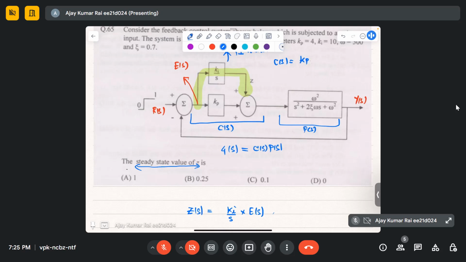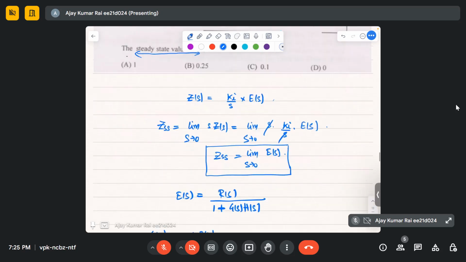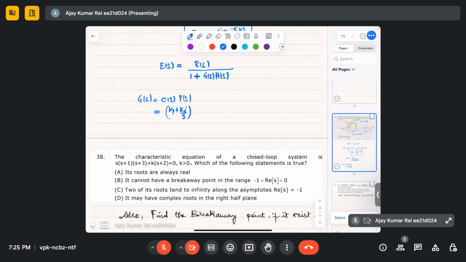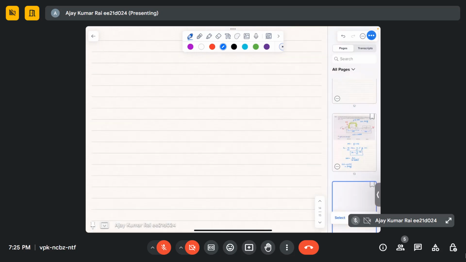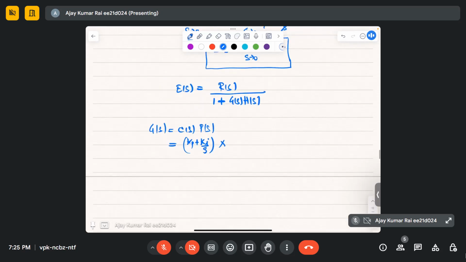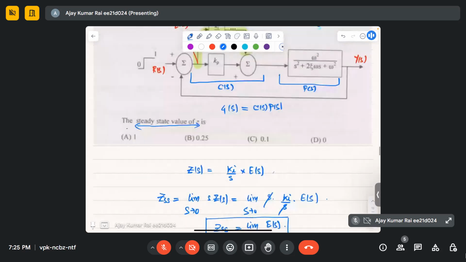So KP plus KI by S. Okay, so this is CS. KP plus KI by S. What is PS? PS is already given, that is second order transfer function.